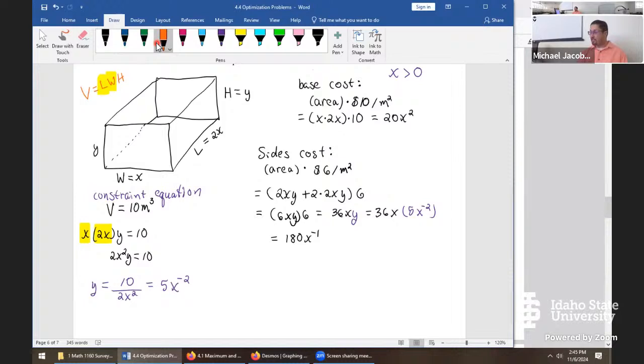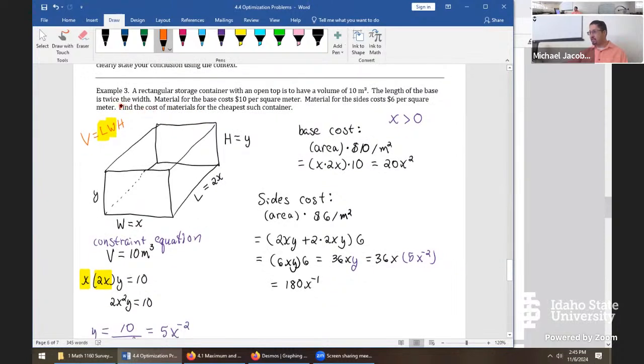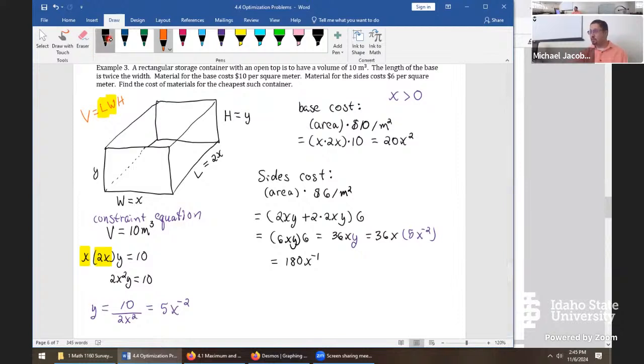So we are not even on step 1 yet, but here's what we've got. We're trying to minimize the cost of this box. Let's double check. Find the cost of materials for the cheapest such container. So we now can build the new function.